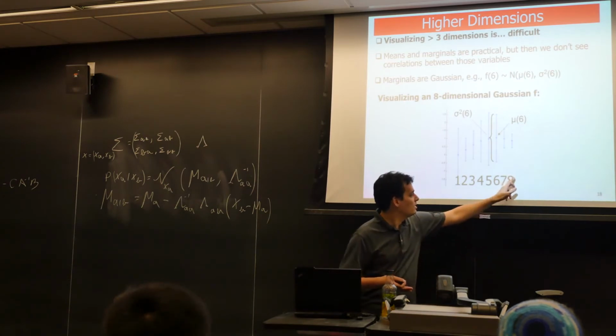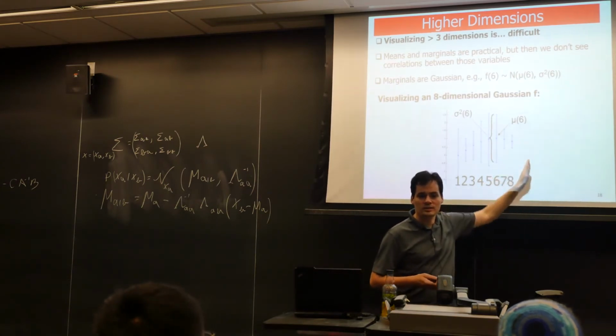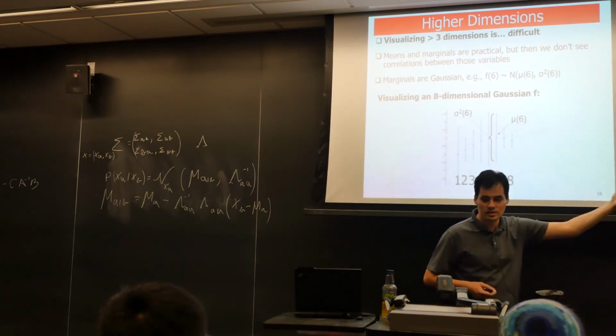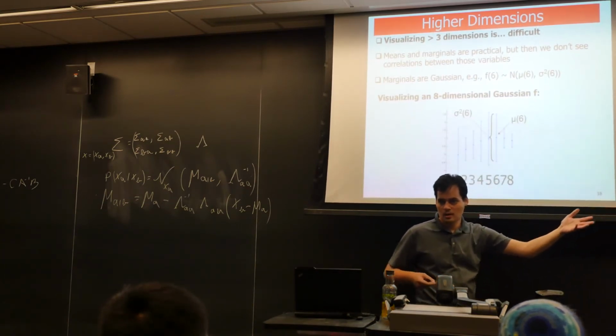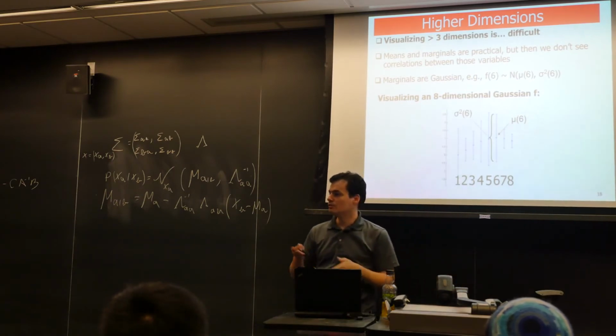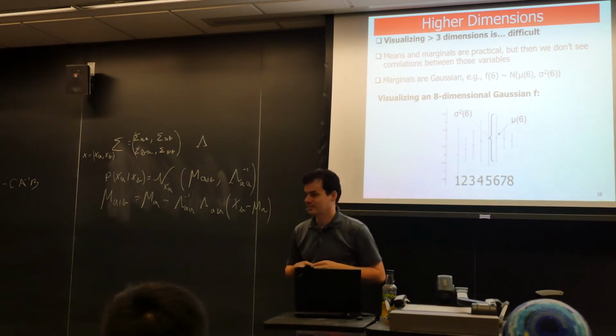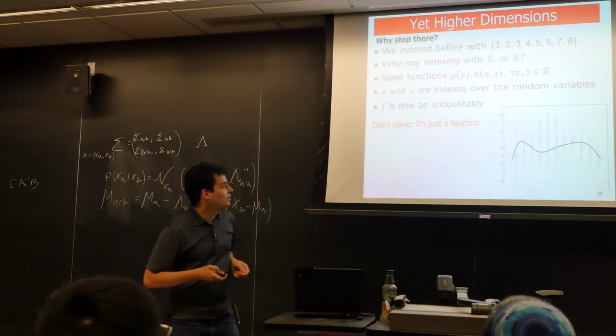For integer 9, there would be another Gaussian distribution. Integer 10, there would be another Gaussian distribution. And for any integer number, there would be a Gaussian distribution. And somehow these Gaussian distributions wouldn't be independent from each other, but they would be correlated in some way.